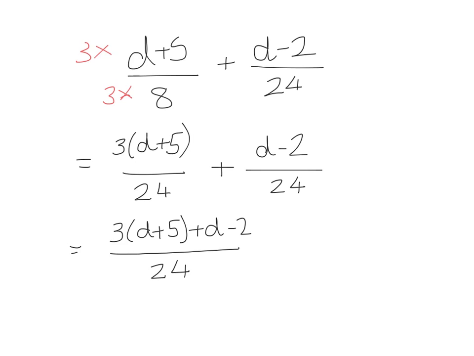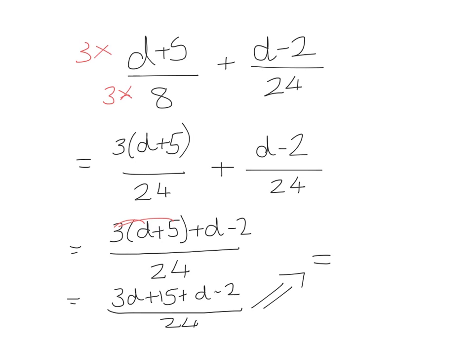I am going to multiply it in my bracket, so I'm going to have 3d plus 15 plus d take away 2 all over 24. And your working should go down the page. I don't have space, so I'm just going to put it over to the right here.